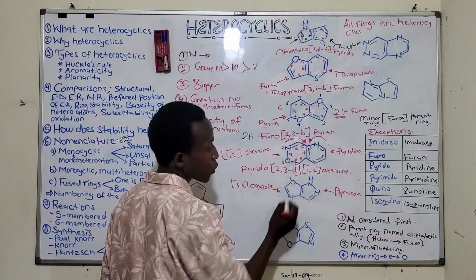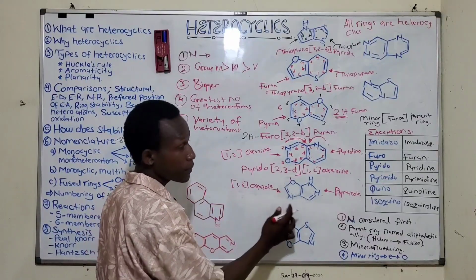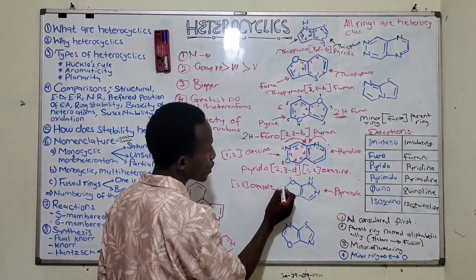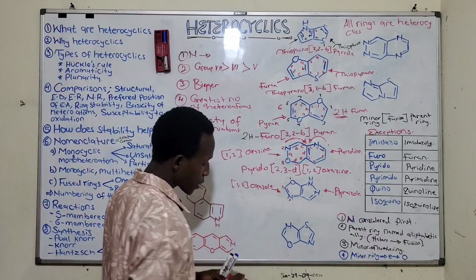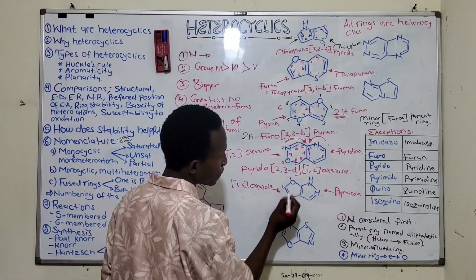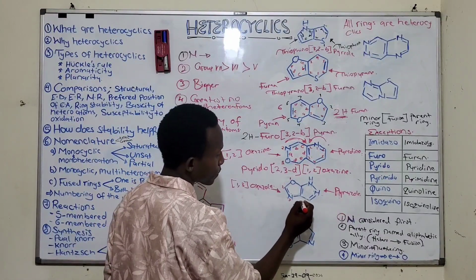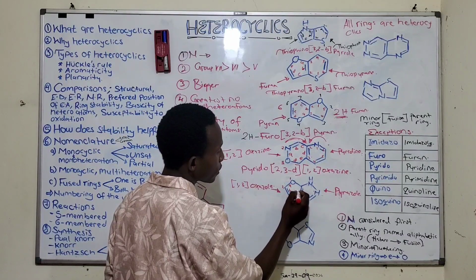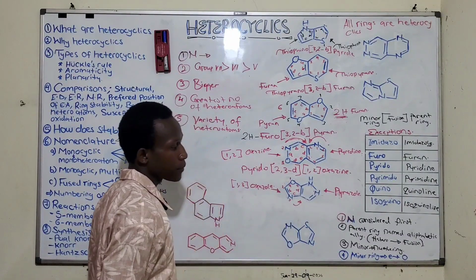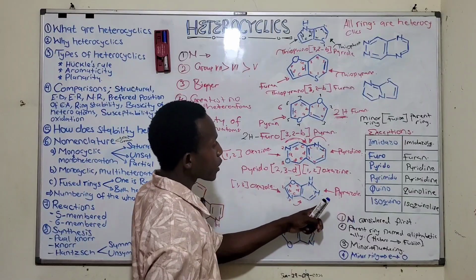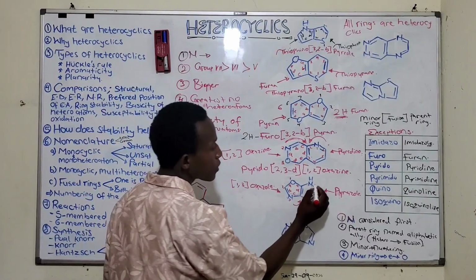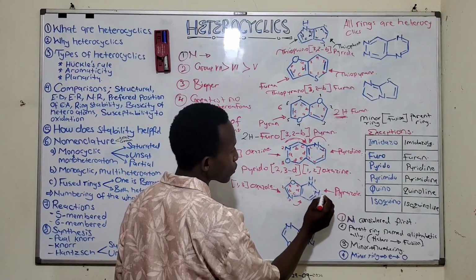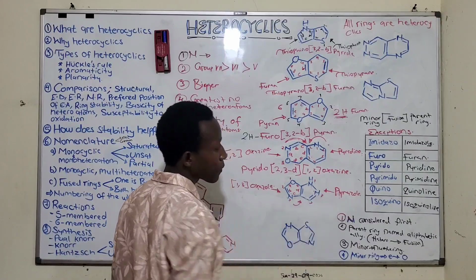This is position 1 for the parent structure. This is 1, this is 2, 3. Meaning that we shall label phases towards this direction. So this is A, B, C, D, and E. Then for pyrazo, before fusion, this is position 1, and this is 2, 3, like that.